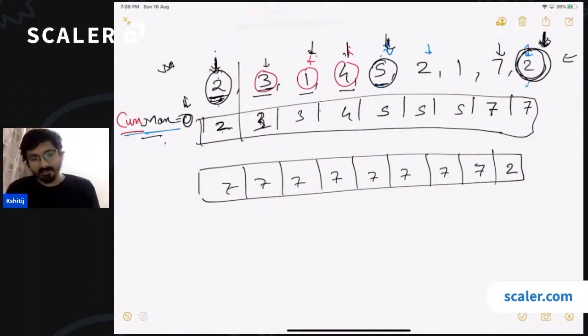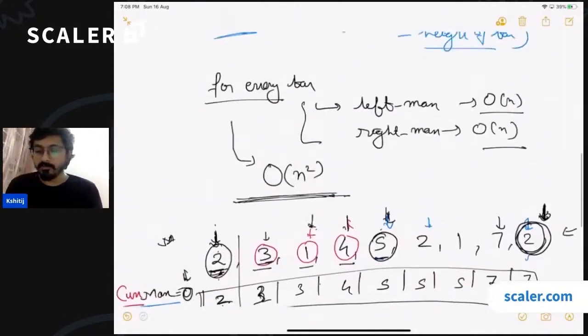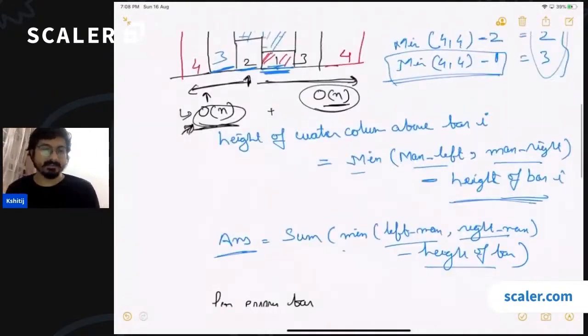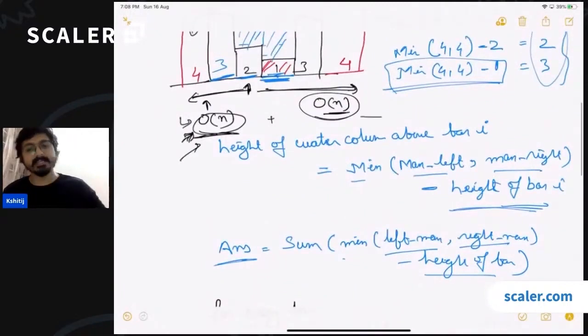The observation is that we don't need to run this order n loop for each and every index, because when you are calculating the left max for the rightmost element, and the right max for the leftmost element, you are essentially calculating each and every value required in this calculation.